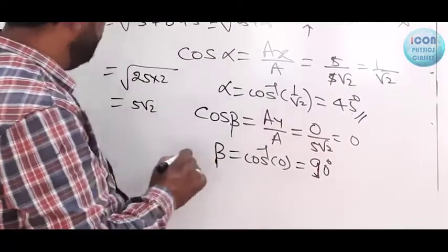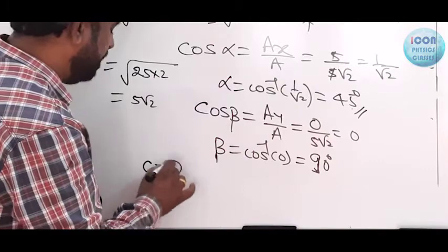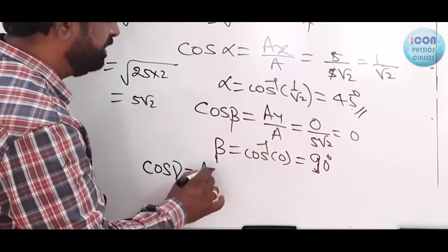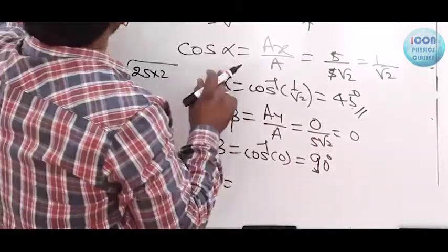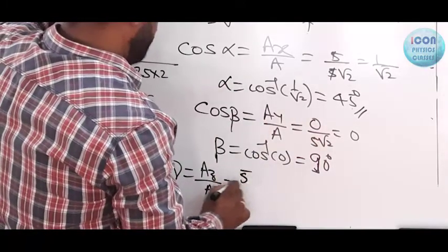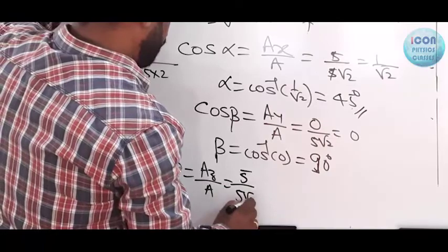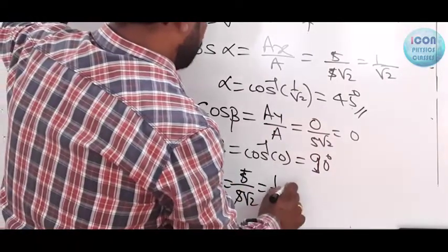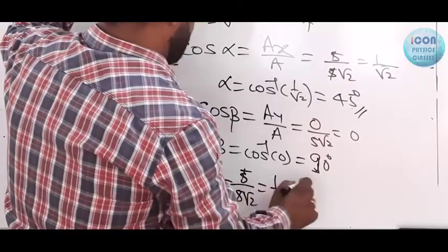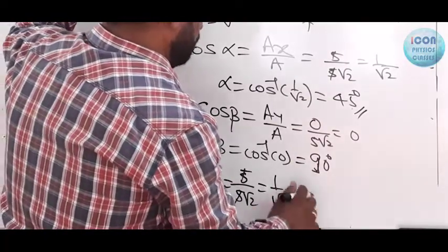And similarly, cos gamma is equal to az divided by a. 5 divided by 5 root 2, that is 1 upon root 2. Cos gamma is equal to 1 upon root 2.